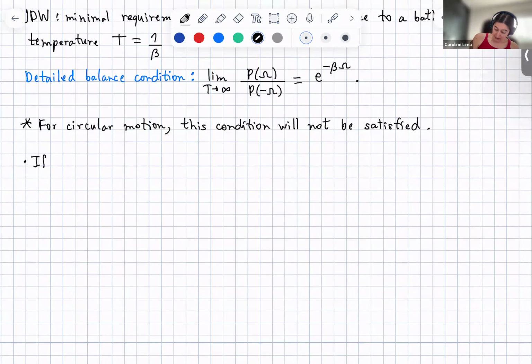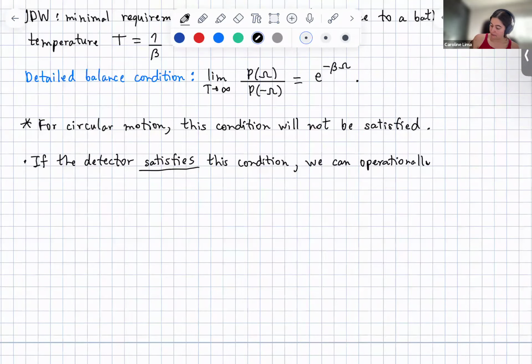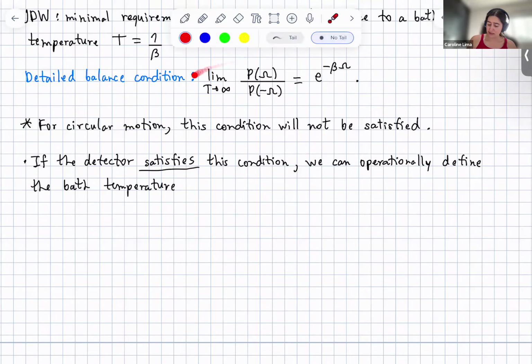If the detector satisfies the detailed balance condition, we can operationally define the bath temperature, essentially by just inverting this equation that I have here.